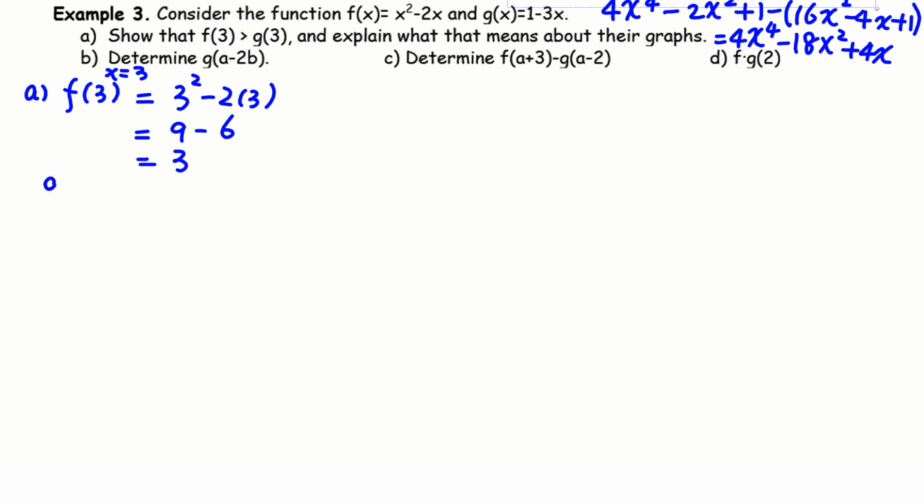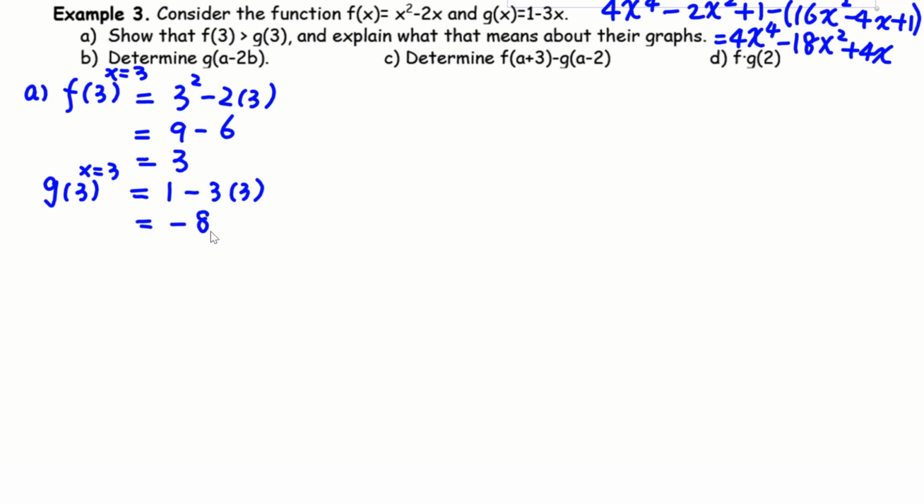And for g at 3, it means x equals 3 for function g at x. We sub in is 1 minus x equals 3, so 3 times 3. You will have 1 minus 9 is negative 8.